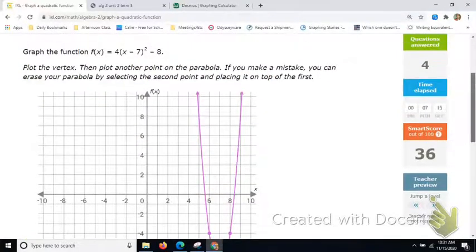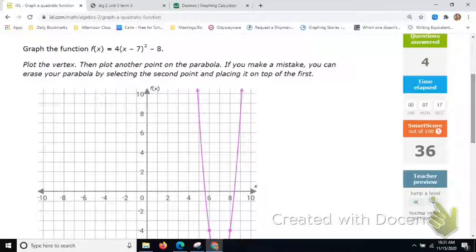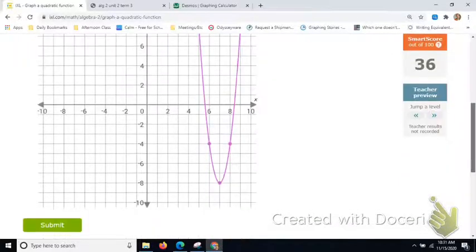Now, the next place over would be 8. If we plugged an 8 in, I think you'll see that it still works. 8 minus 7 is 1. 4 times 1 is 4. 4 minus 8 is negative 4. Ta-da! Negative 4. And then it's mirrored on the other side. And then that gives us enough to make the rest of our parabola.